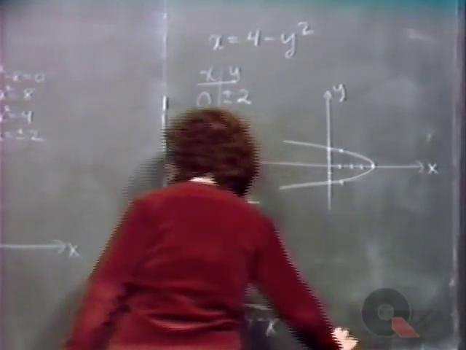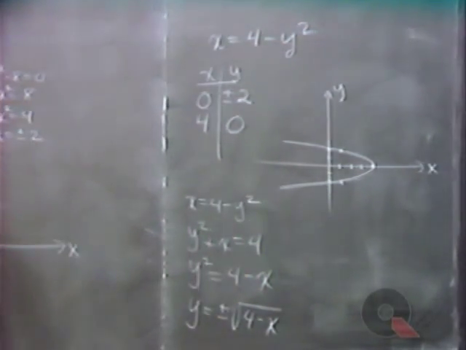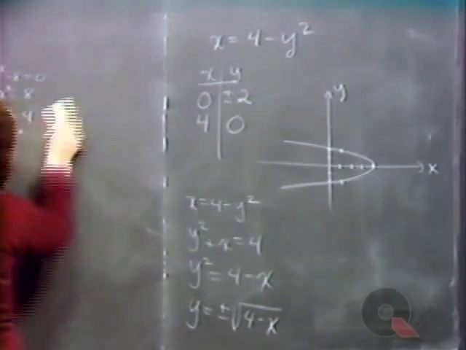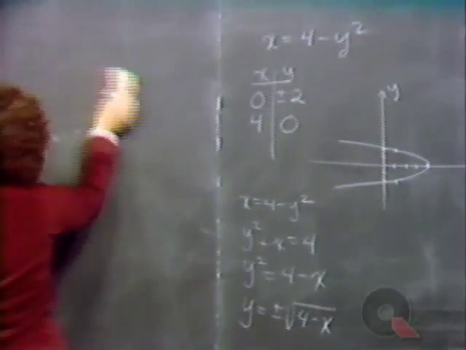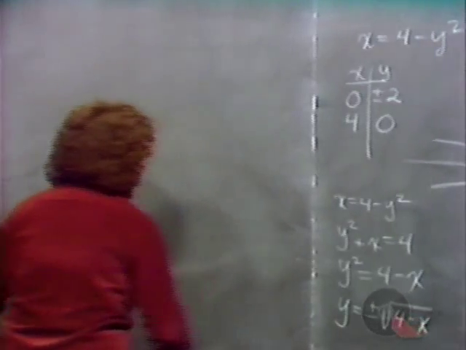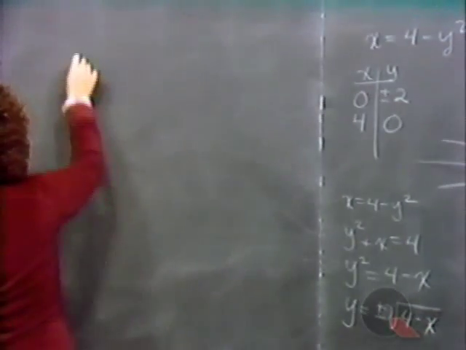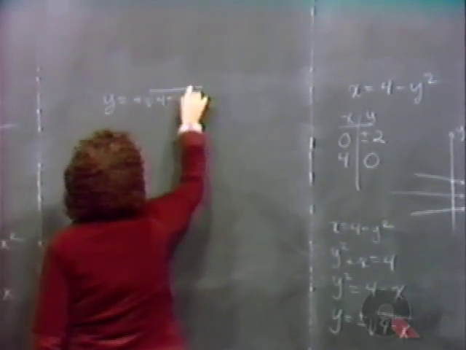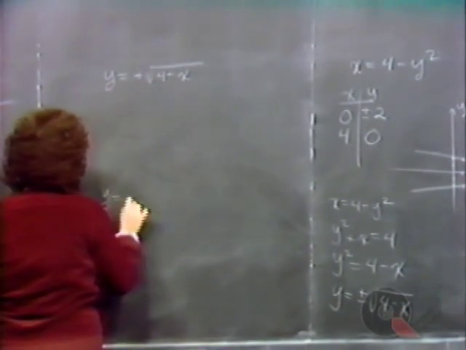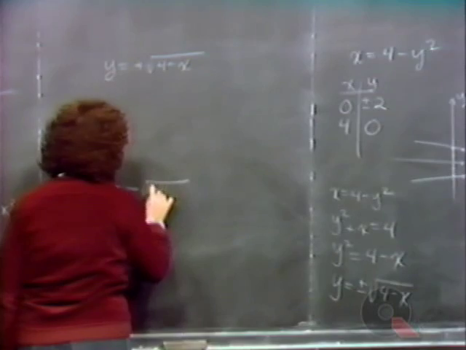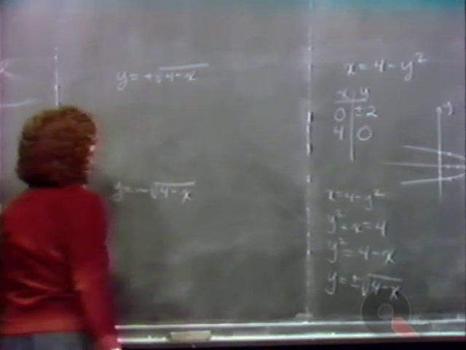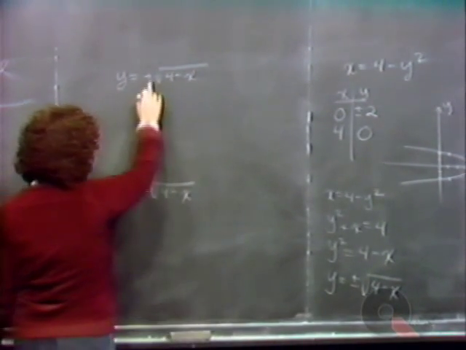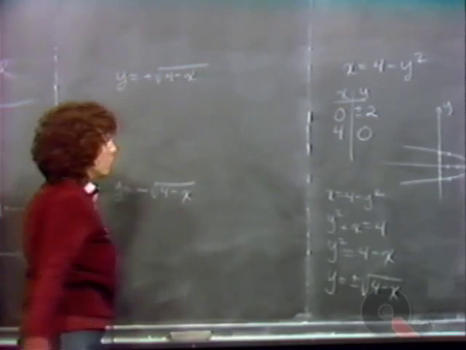Sometimes we would still like to deal with a curve like this, so what we do is separate the top half and the bottom half. We talk about the graph of y equals the positive square root of 4 minus x and the graph of y equals the negative square root of 4 minus x. If you don't see any sign in front, it means the positive square root.